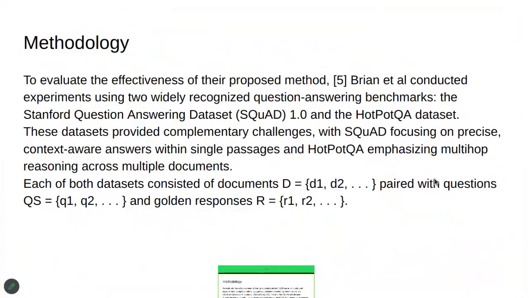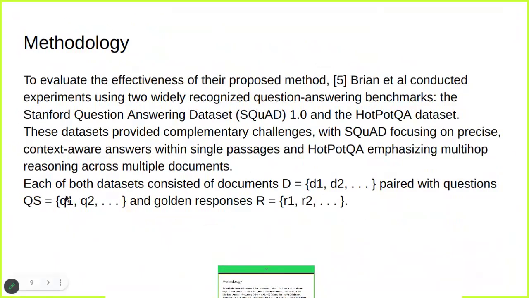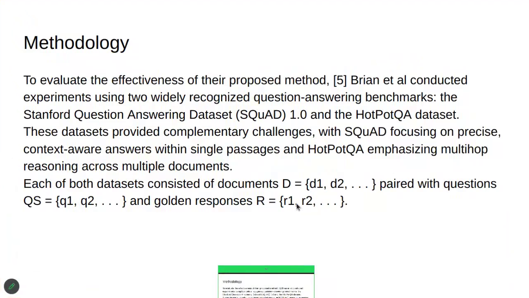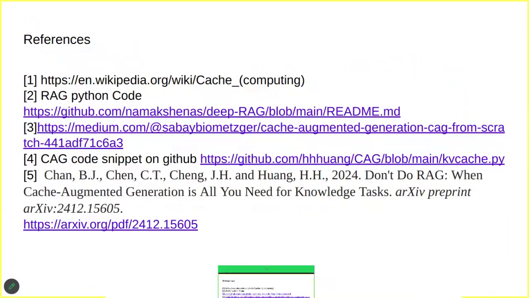So they were also paired with questions and a golden response, which is R. So even responses were given, for training and validation. Then we continue to our last page, which gives references.